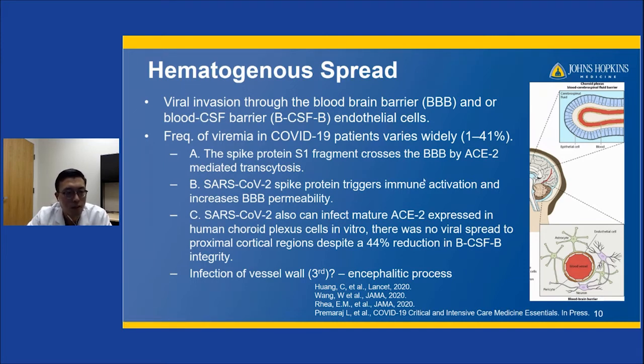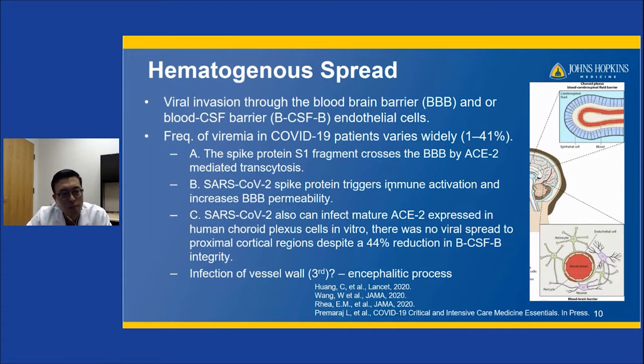And also SARS-CoV-2 spike protein can trigger immune activation, and it increases BBB breakdown and permeability, which also really helps SARS-CoV-2 get into the CNS.